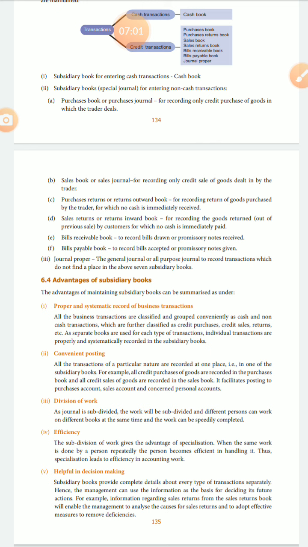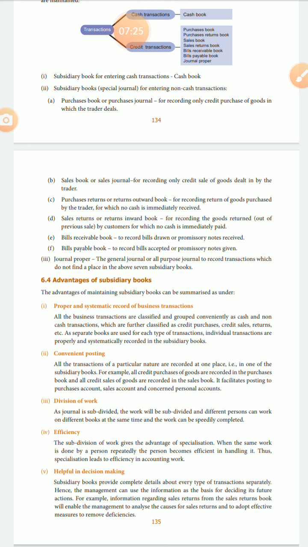Sales return is the return inwards book, for recording goods returned by customers for which no cash is immediately received. Bills receivable book records bills drawn and promissory notes received.